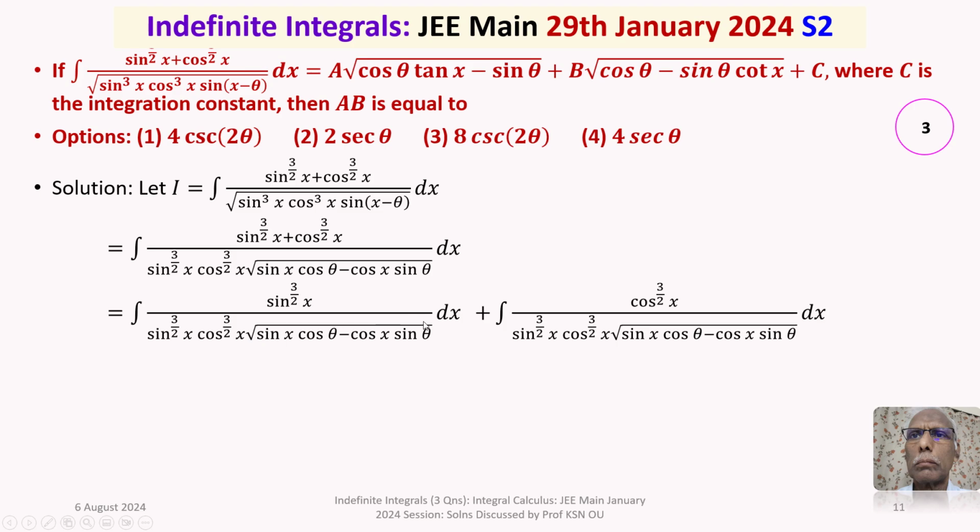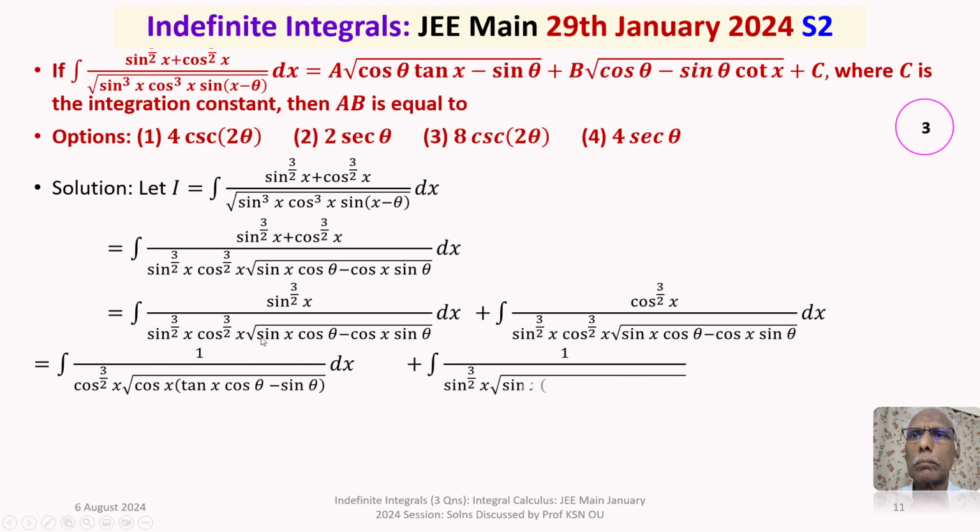And in the first, under the square root, we take out a cos x common. So let's see first what I have written. This is the thing. So under the square root, cos x is taken out, then it will be sin x by cos x, that is tan x, into cos theta minus sin theta. When cos x has come out, so plus the integral.